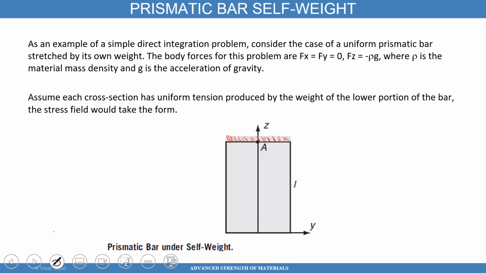So the weight of that column can stretch this material. You know that the body forces are going to be such that Fz equals minus rho g, where rho is the material mass density and g is the acceleration. We're going to assume that the cross-section has uniform tension and that it produces a weight due to the lower portion of the bar, and we need to figure out what that is.